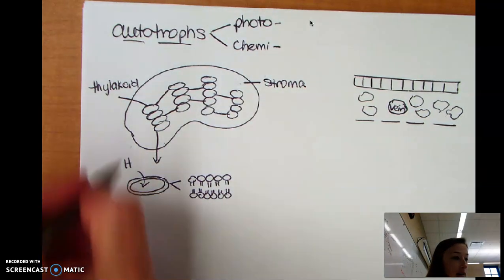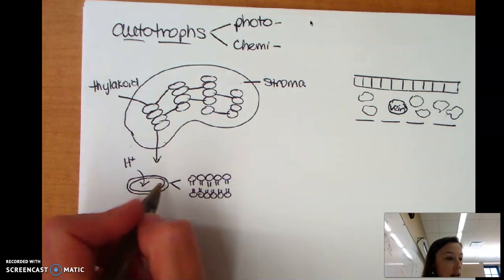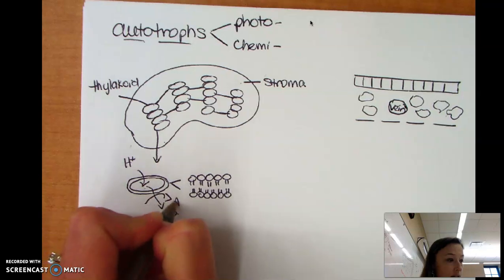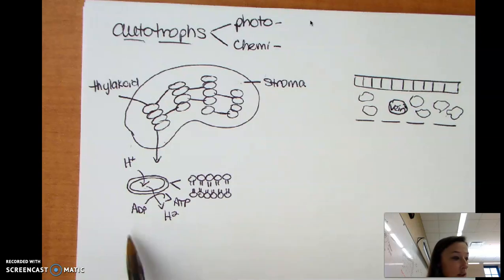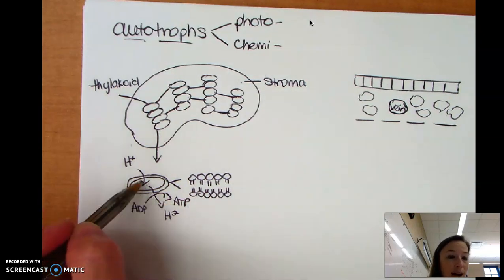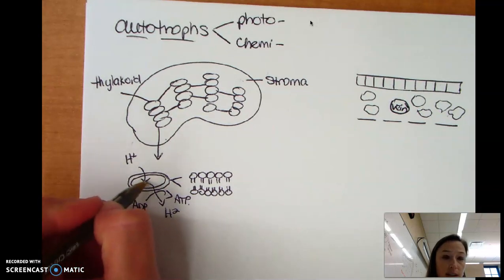It's going to create this high concentration in here, and those hydrogens are going to ooze back out. When they do that, it's going to happen through ATP synthase, and it's going to phosphorylate ADP to ATP. Well, in order for that to work, you have to be able to create a high concentration. And so what we do is we create this high concentration of hydrogens inside here.